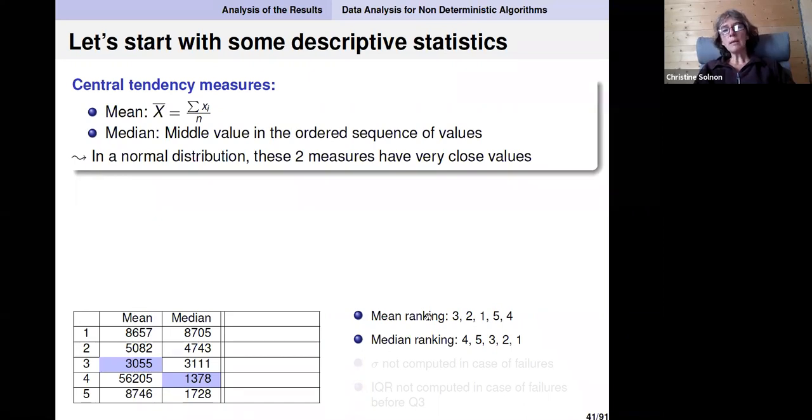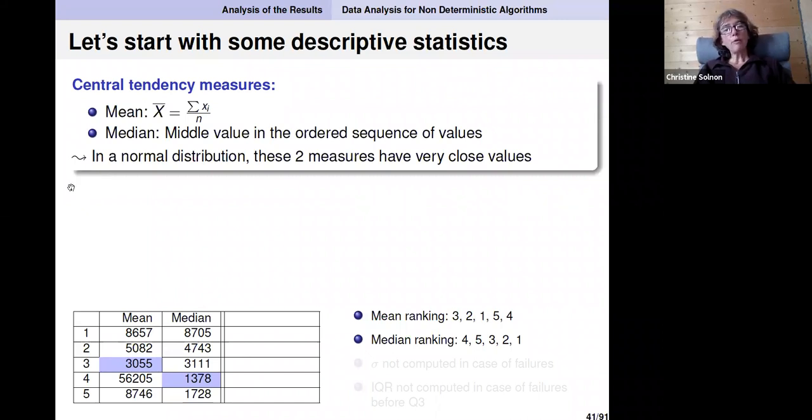Here is the ranking of my parameters if I consider the mean, and here is the ranking when I consider the median. For example, the worst parameter setting when I consider the mean is the best when I consider the median. So this tells me that I don't have a normal distribution, because in a normal distribution, these two measures have very close values, and this is not the case at all in this experiment.